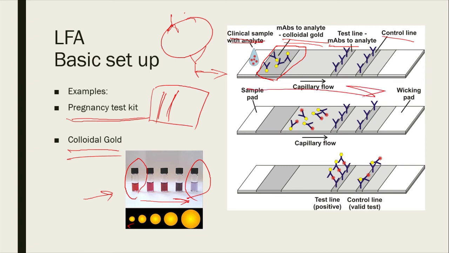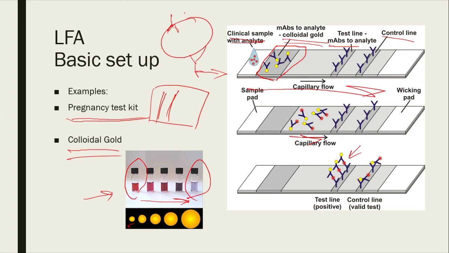If you have the analyte, it will first be captured by the gold nanoparticle conjugate, and then it will slowly move up the strip. When the analyte encounters the test line, another second antibody there, it will be captured, and your red line will stay there, showing you there is a positive analyte.